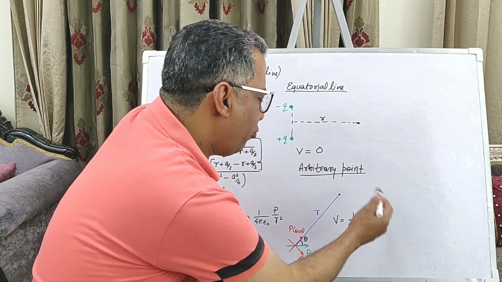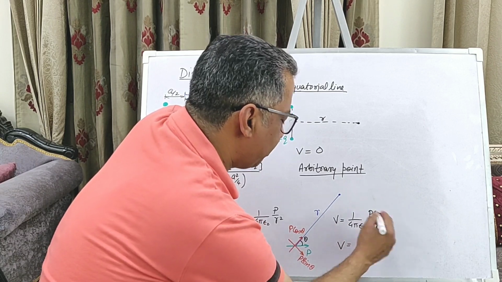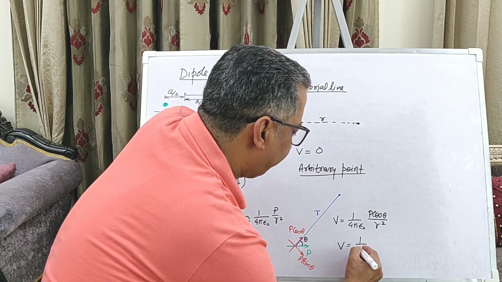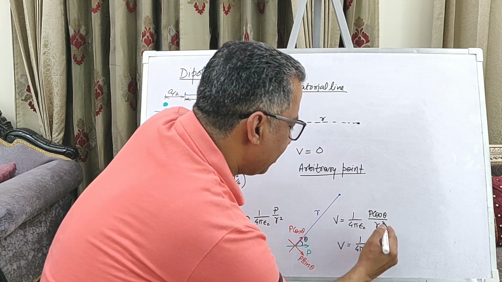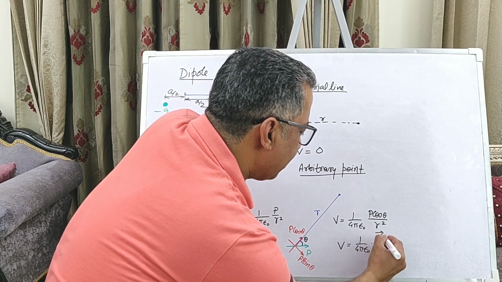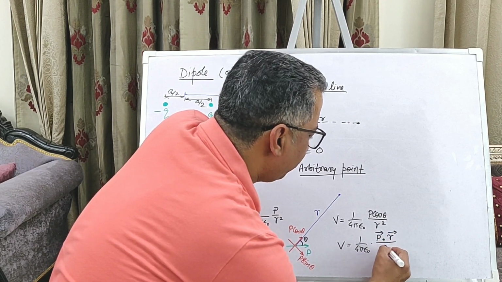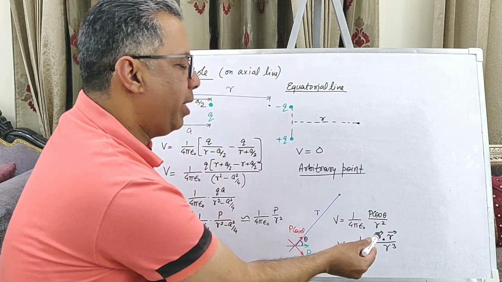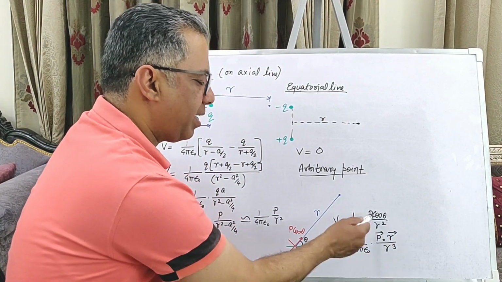Now what we can do is express this result in a slightly different way. 1 by 4 pi epsilon naught P dot r by r cube. Now the numerator is P r cos theta, and r therefore cancels, and you end up with the same thing.